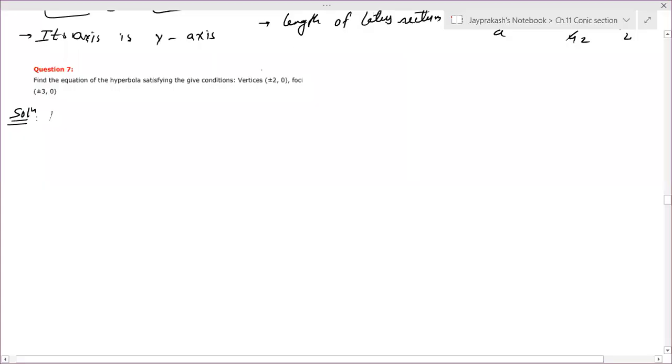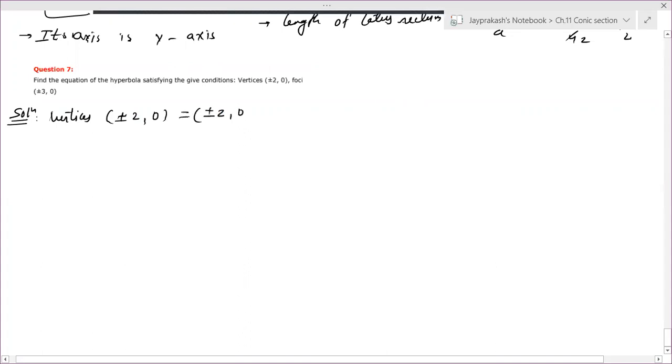Of the hyperbola, we have given the condition vertices. From the vertices, we can identify that the hyperbola has its axis on the x-axis. So it means we have given plus minus a comma 0.